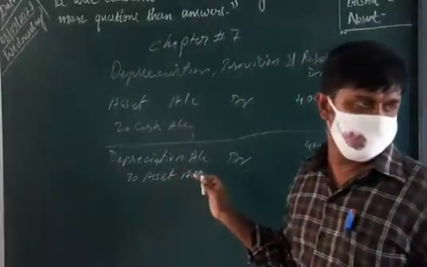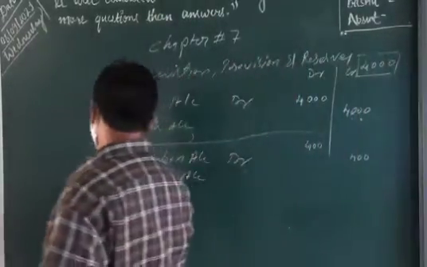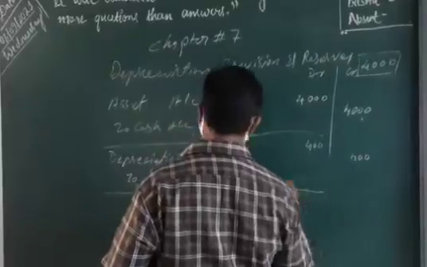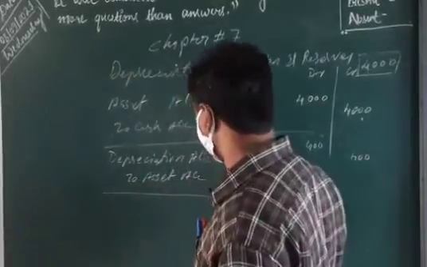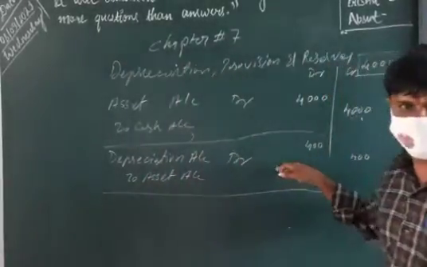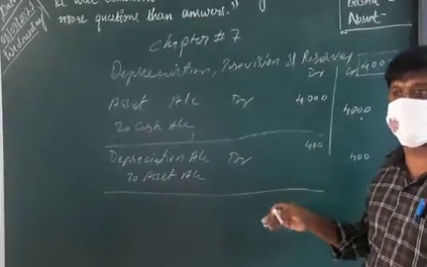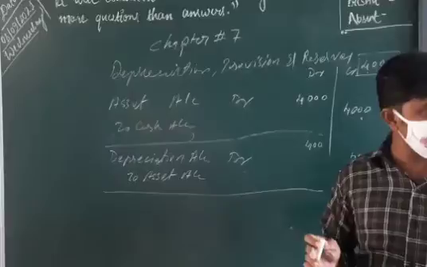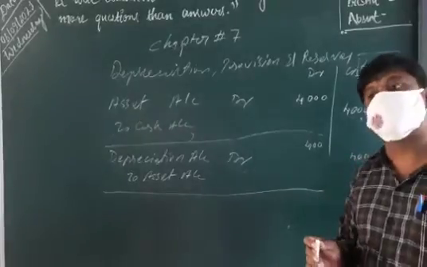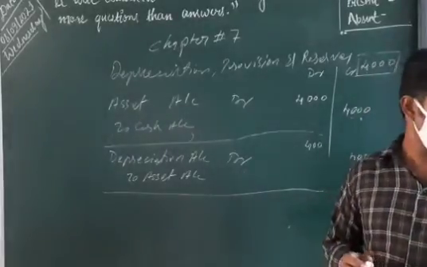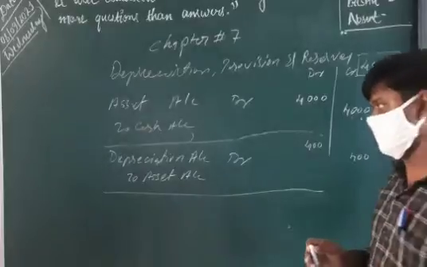Clear now? Next, now we reduce the asset value, but from where do we adjust this depreciation? We have to take this amount from the profit and loss account. So we charge it to the profit and loss account.